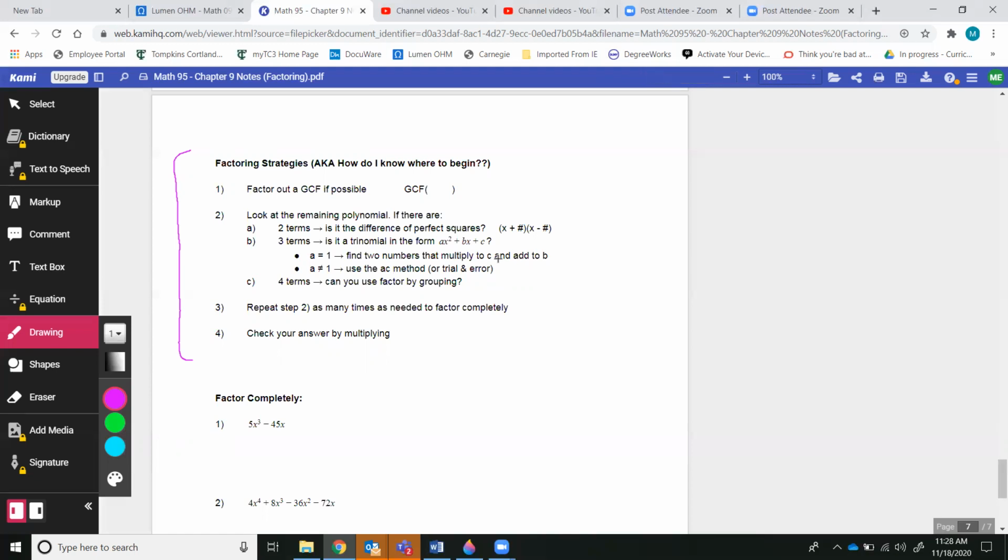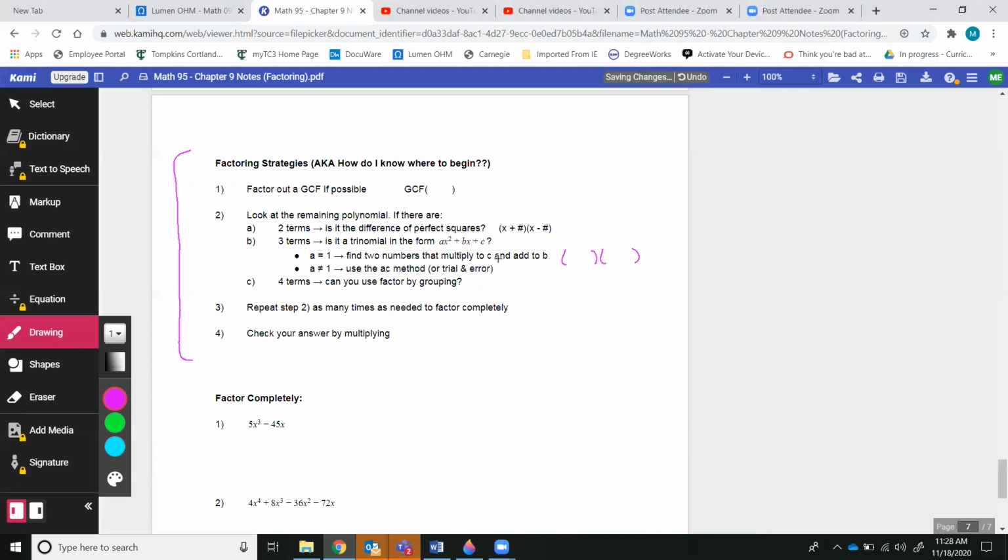Then you're going to look at the remaining polynomial, okay? If there are two terms, you want to see if it's the difference of perfect squares. If it is, then it's going to be x plus the number and x minus a number, or term here. If it's three terms, is it a trinomial like this? If yes, if a is 1, you want to find two numbers that multiply to c and add up to b, and those go right in your binomials.